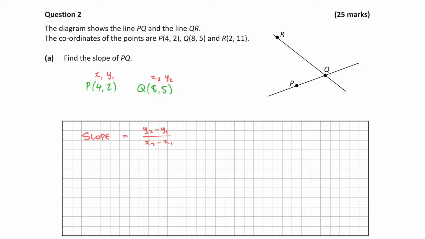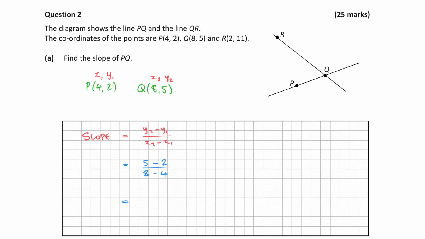So the slope in this case will be equal to y2, which in this case is 5, minus y1, which in this case is 2, all over x2, which in this case is 8, minus x1, which in this case is 4, and then we'll just simplify that.